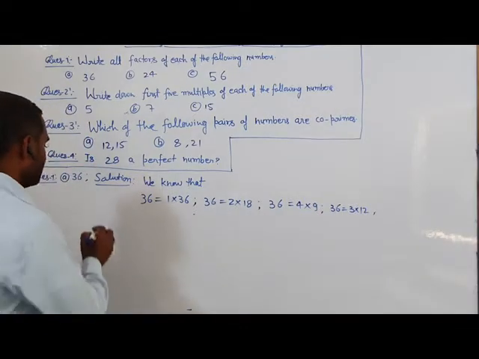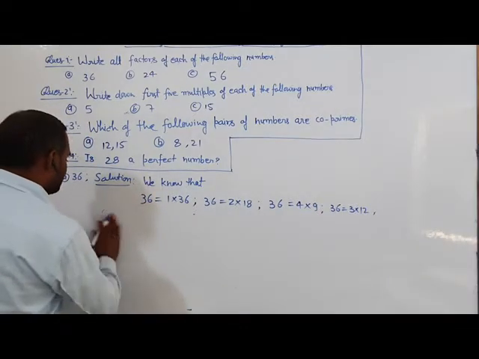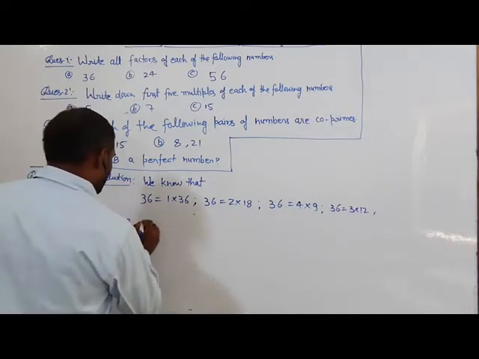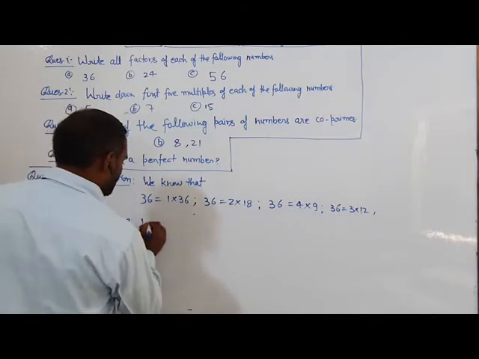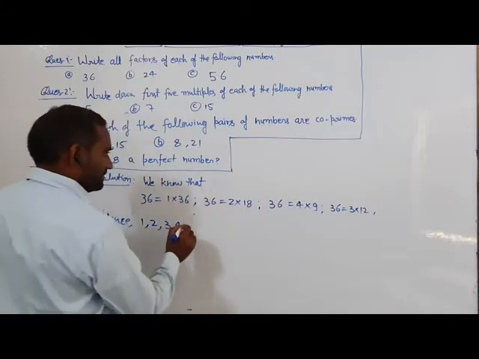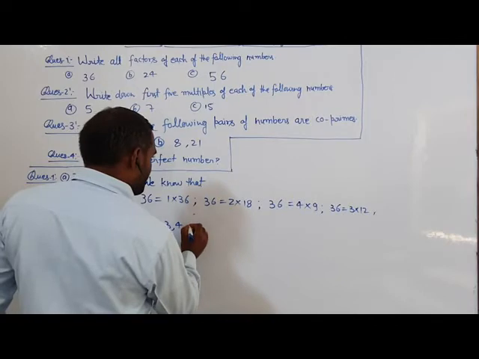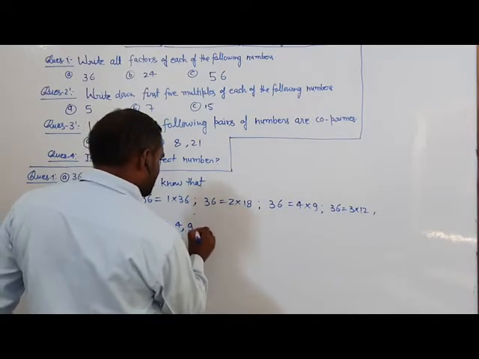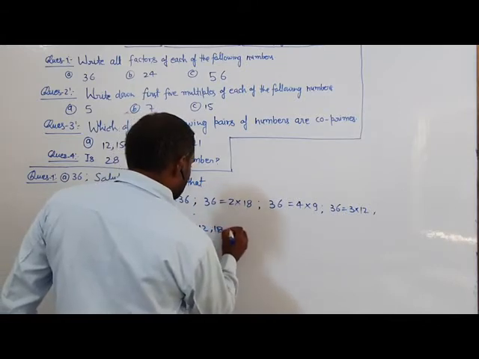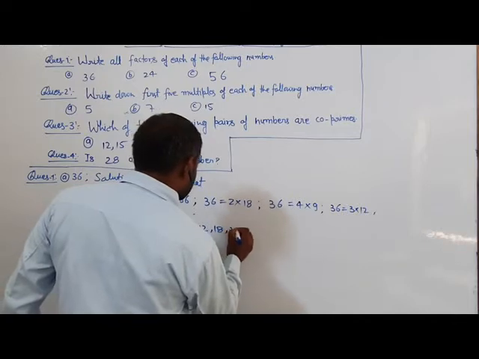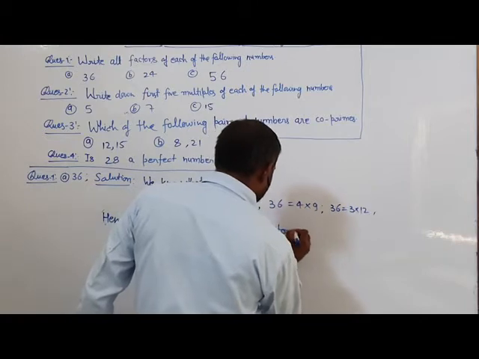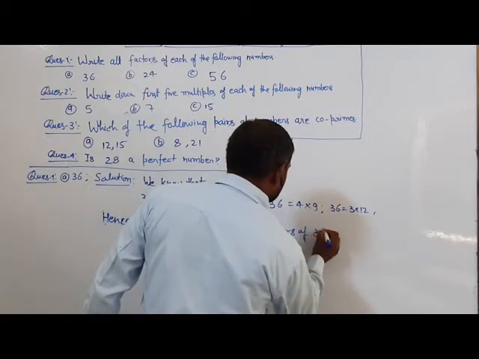So 1, 2, 3, 4, 9, 12, 18, 36 are factors of 36.